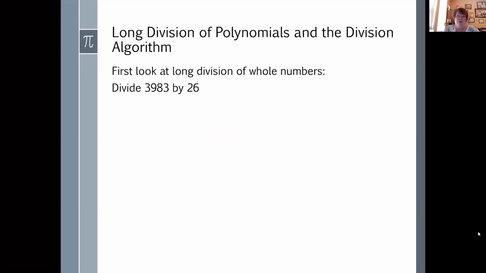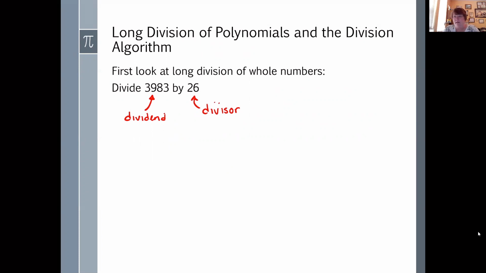So the thing that you're dividing, the number that's being divided, is called the dividend. And the number that you're dividing into that dividend is called the divisor. And what you get when you're done with your division is called a quotient.